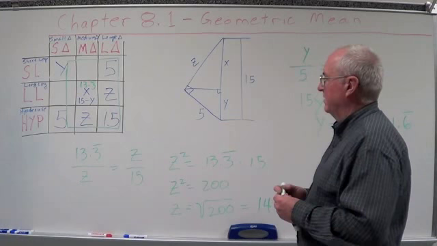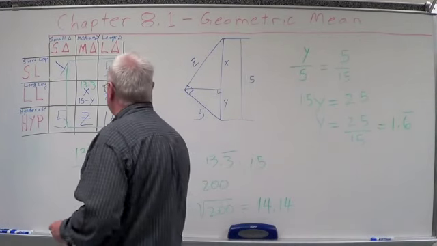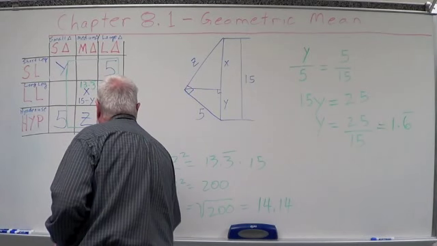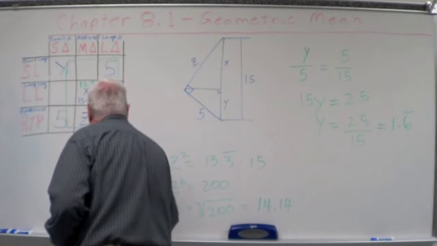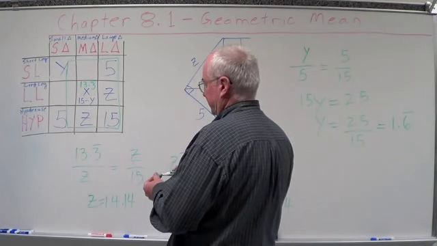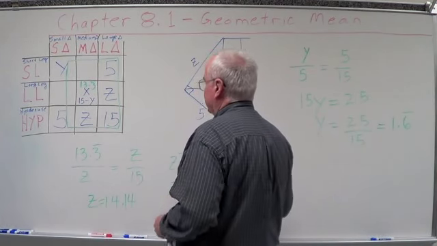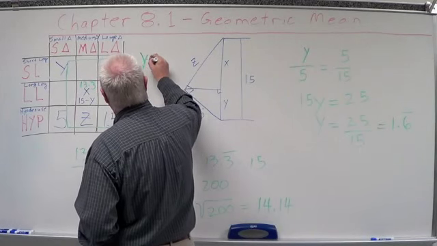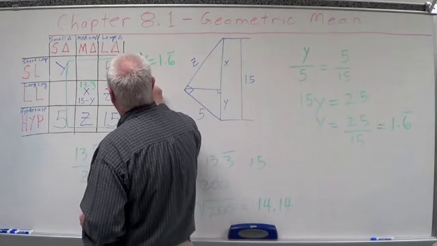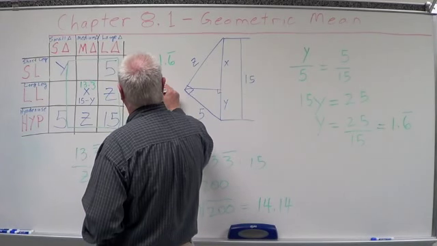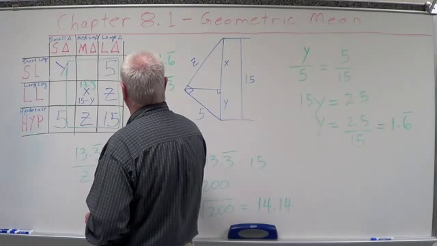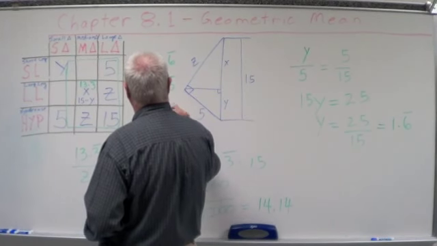All right, so we have a z of 14. Okay? Got it? So, what's our y? Our y equals 1.6, never ending. Our x equals 13.3, never ending. And our z equals 14.14.